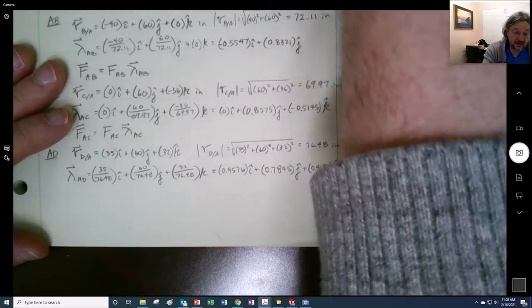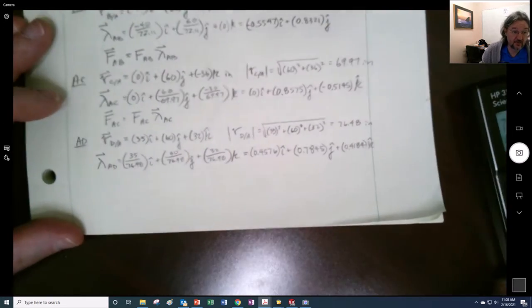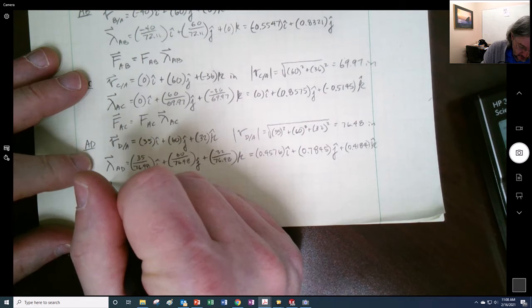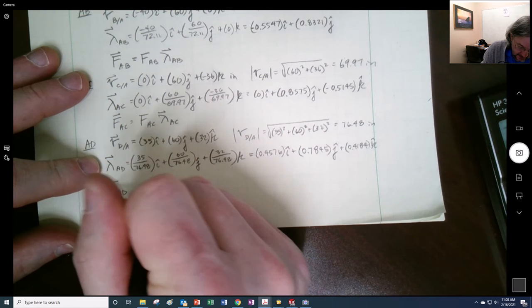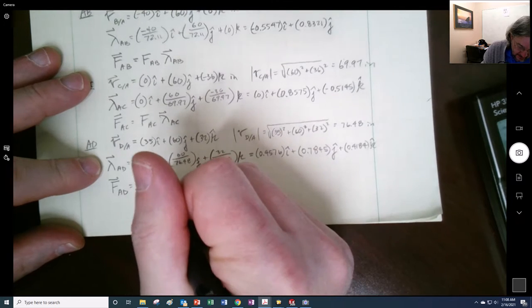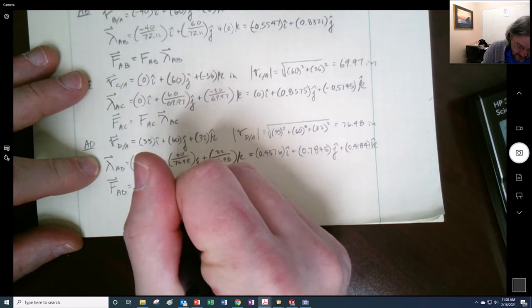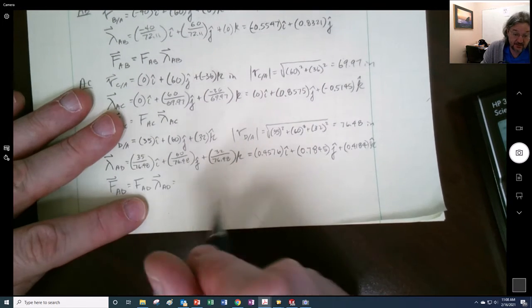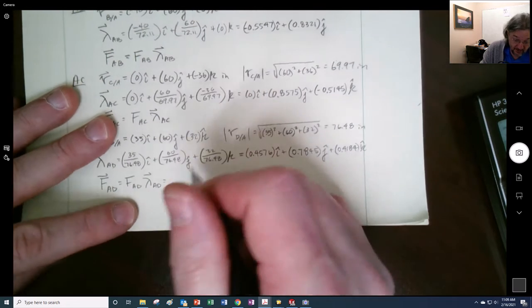Now what I can do is write out my force. FAD is going to be equal to the FAD magnitude times the gamma AD, but I know this FAD, right? It was given as 225.